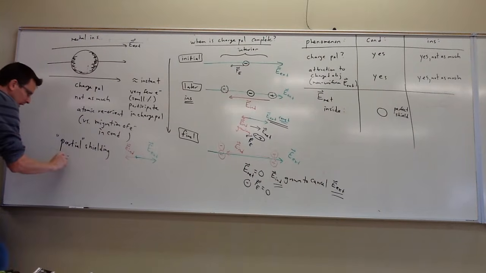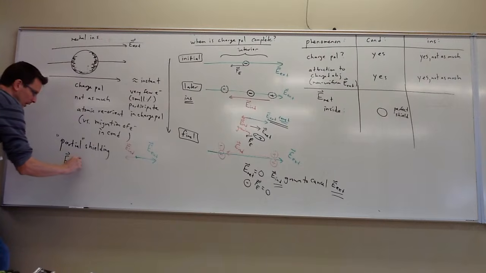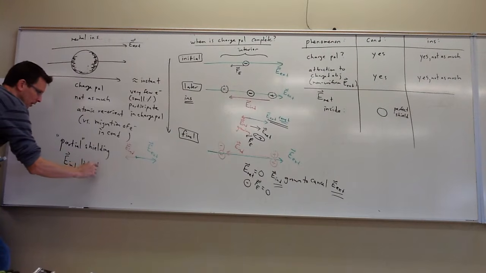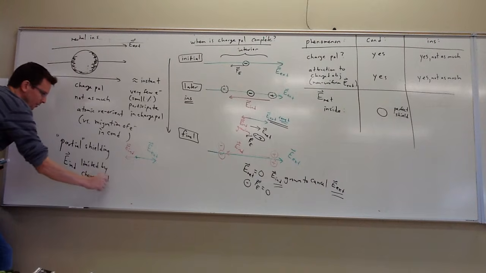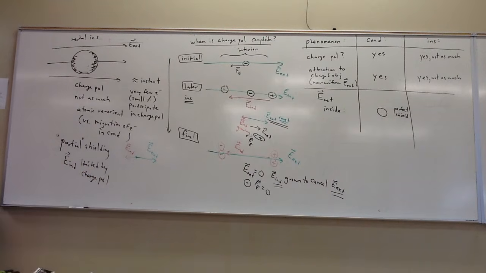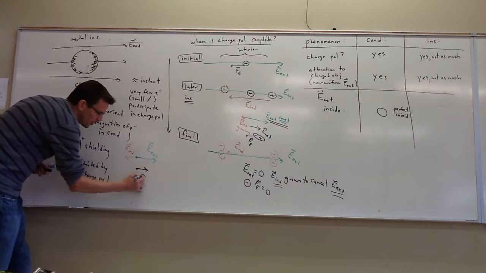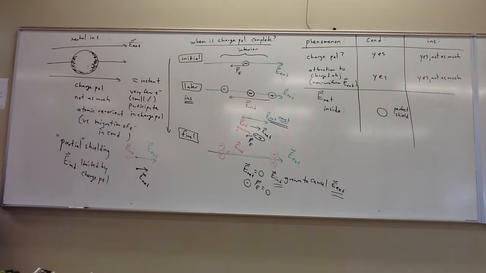So E induced is limited by the charge polarization. You don't have as much, so you don't have as much E induced. The net field will point in the original direction, but it won't be as much. Okay?